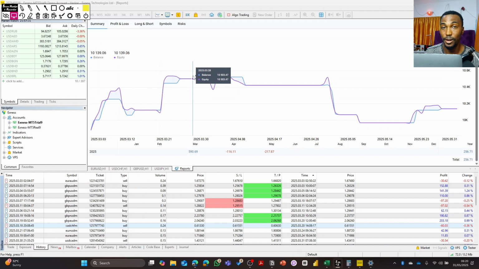You can see it's 10,500 here, and I've made some crazy losses in those days, which took me back below the 10,000, and now I'm back to break even, just slightly above break even, 1% more. Still risking 1% on every trade. Let's see how it goes.